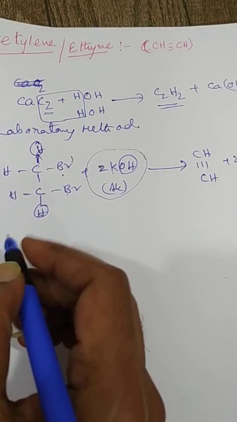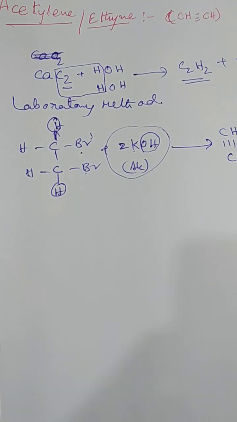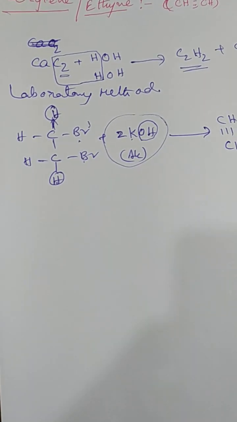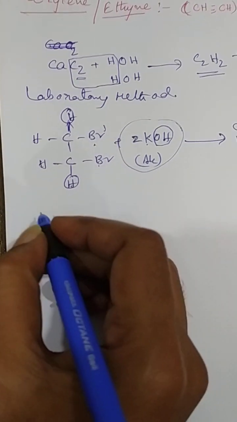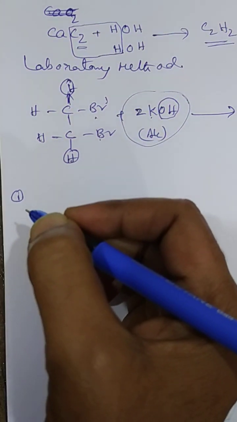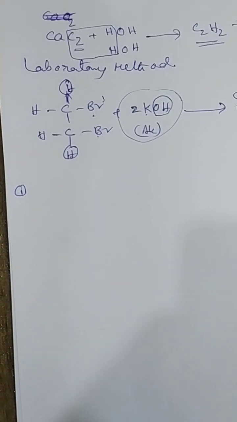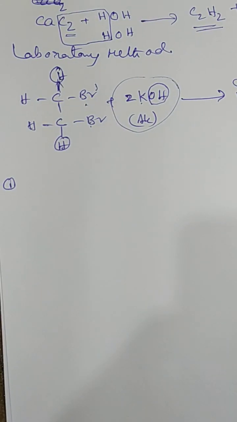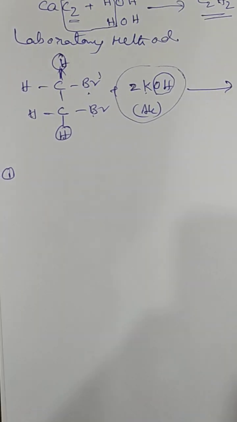Now the physical properties: it is always a colorless gas. It is slightly soluble in water. The chemical properties: halogenation is one of the good ones. Here the chlorine is a good halogen compound. It always participates in the halogenation chain reaction.